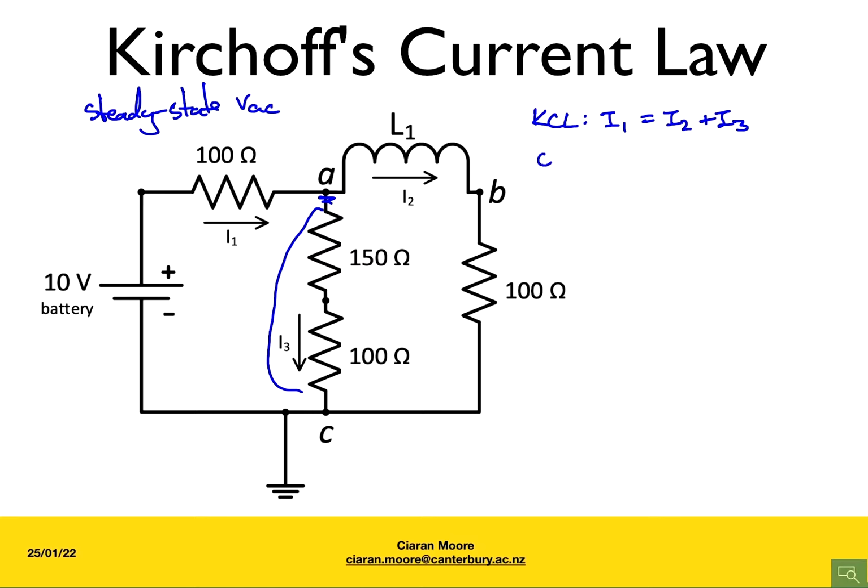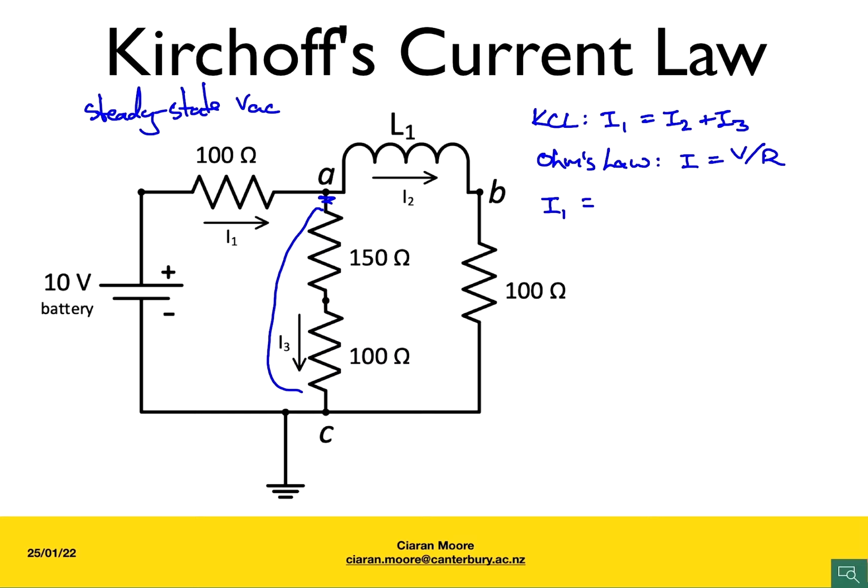We're also going to use Ohm's law to help us find expressions for each of these currents. So Ohm's law tells us that a current is simply the ratio of the voltage across the resistance. For I1, we can find an expression.